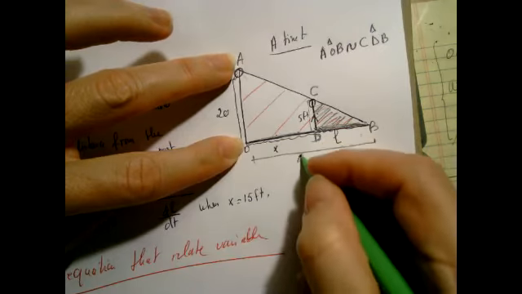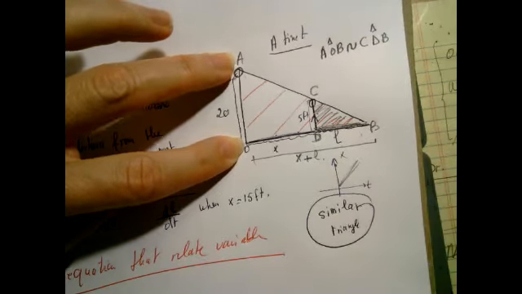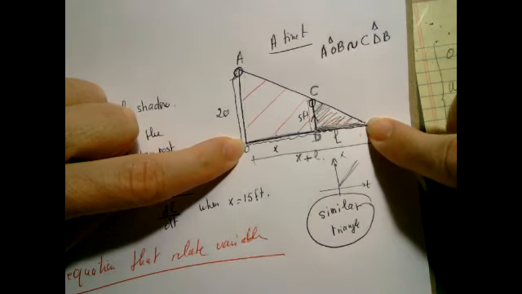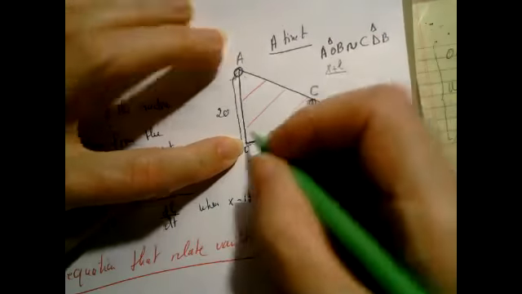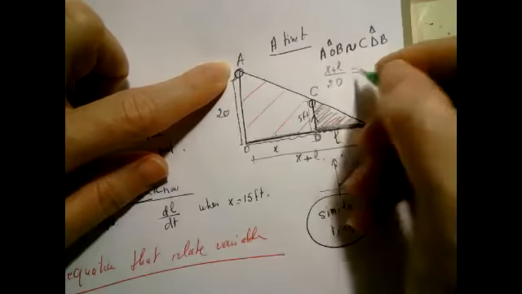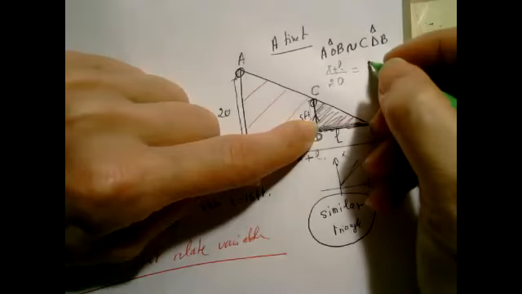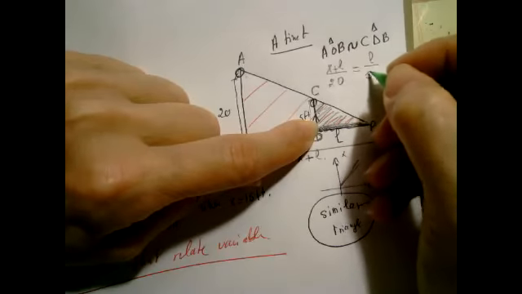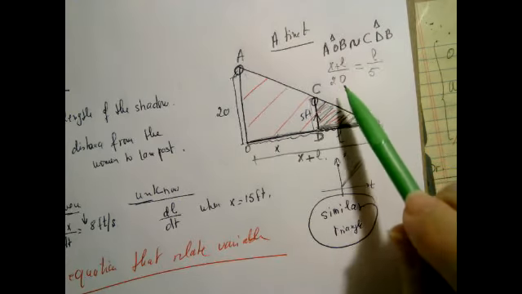From here to here, this is X plus L. It means the ratio of this side, X plus L, over 20 is equal to the ratio of the little side of this triangle, which is L, divided by 5. That's how you guys wrote it.